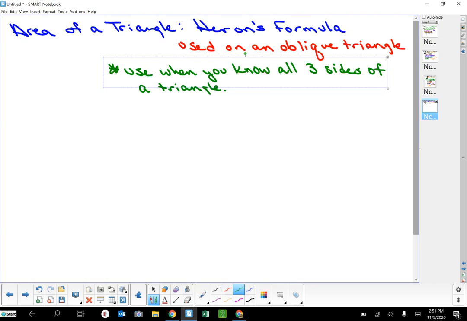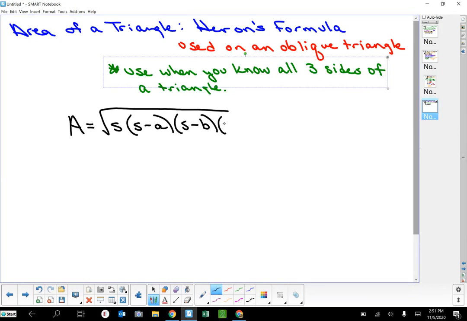But here is this formula. It is A for area equals the square root of S times S minus A times S minus B times S minus C, where S equals A plus B plus C over 2, and A, B, and C are side lengths.